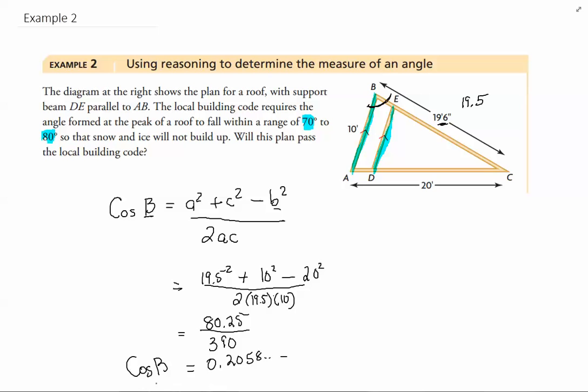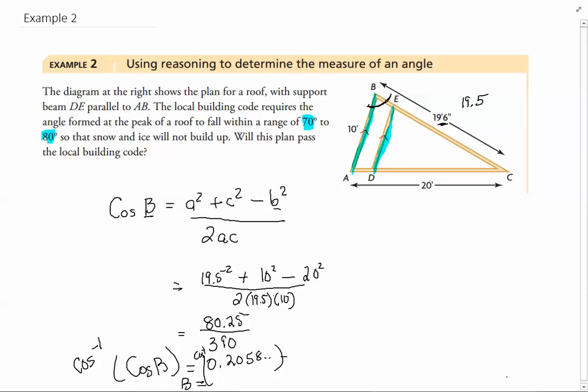Okay. Now we're going to take the inverse sine. Oh, sorry. This is going to be the inverse cos, not sine. Be careful about that. The inverse cos of cos B.